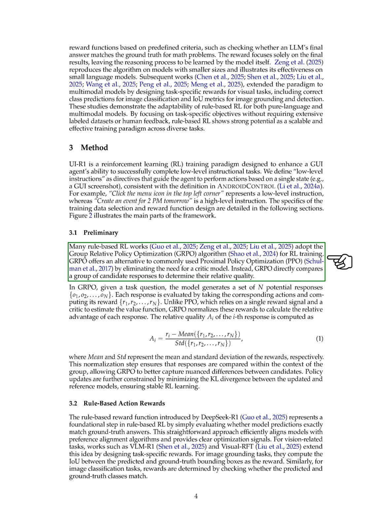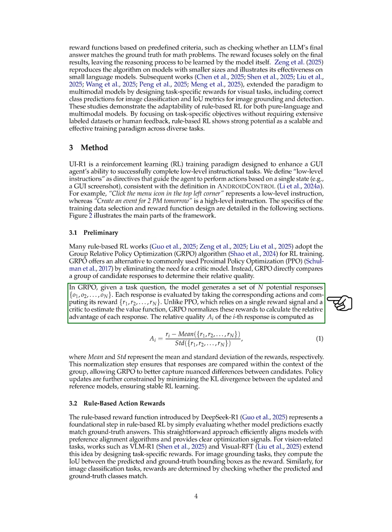We note that many rule-based reinforcement learning methods use the Group Relative Policy Optimization (GRPO) algorithm. GRPO serves as an alternative to the more common Proximal Policy Optimization (PPO) by not requiring a critic model. Instead, GRPO evaluates a group of potential responses to assess their relative quality. For a given task, the model generates several possible responses, and each response is assessed by executing the corresponding actions and calculating their rewards.